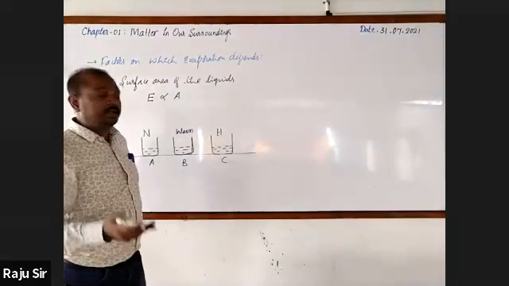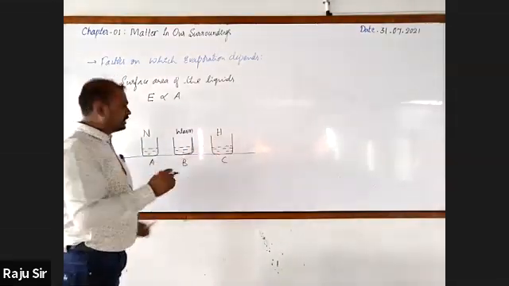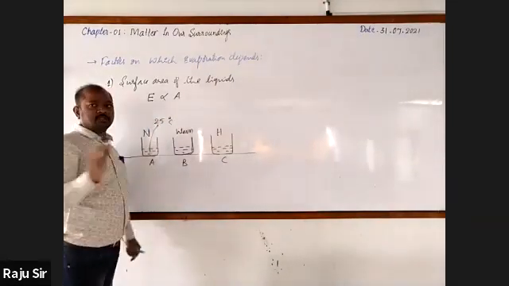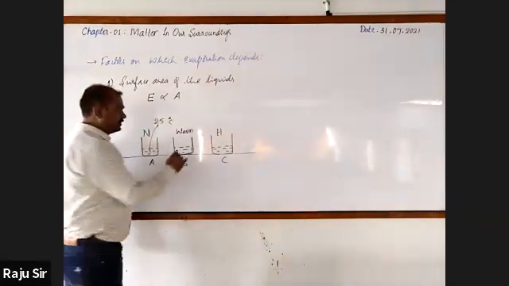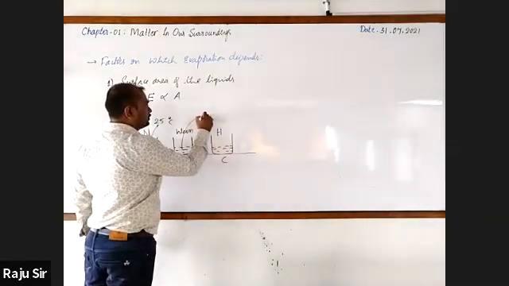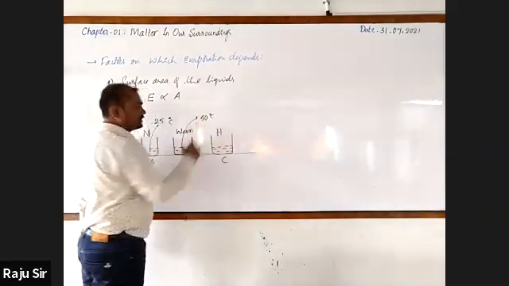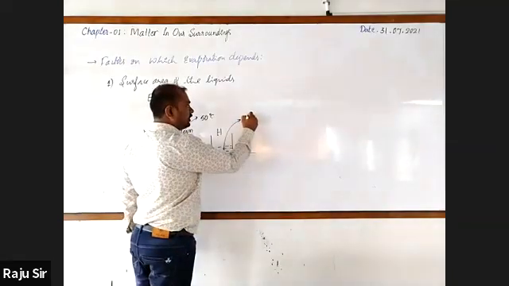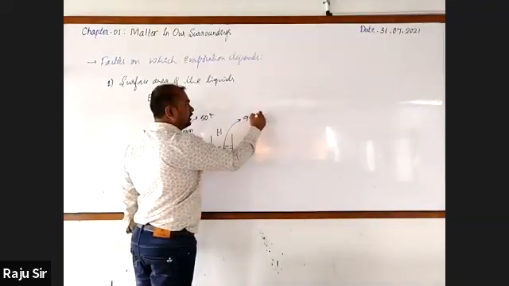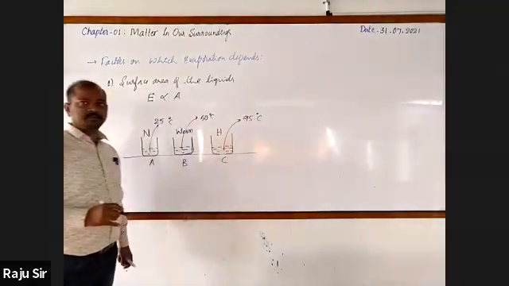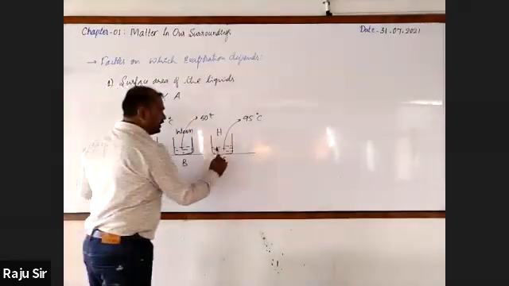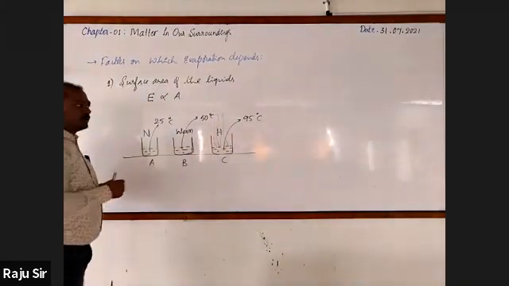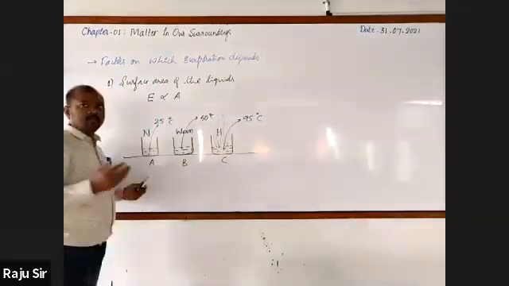Very good. Its temperature is more. The normal water is at room temperature, around 25 degrees Celsius, warm water is about 50 degrees Celsius, and hot water is about 100 or 95 degrees Celsius. In these 3, the water gets evaporated faster in C because its temperature is high.